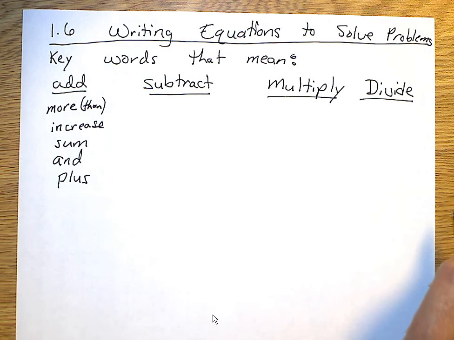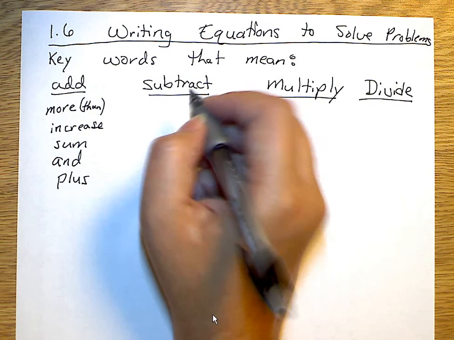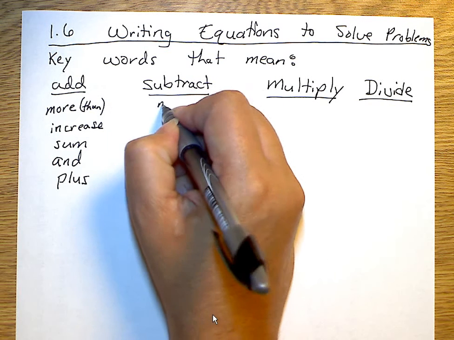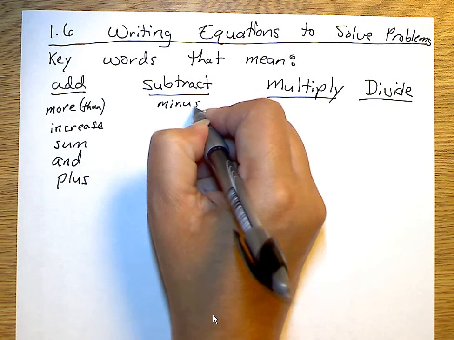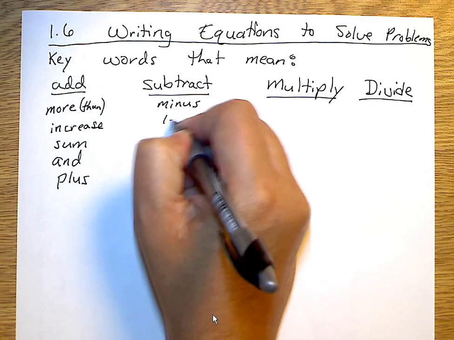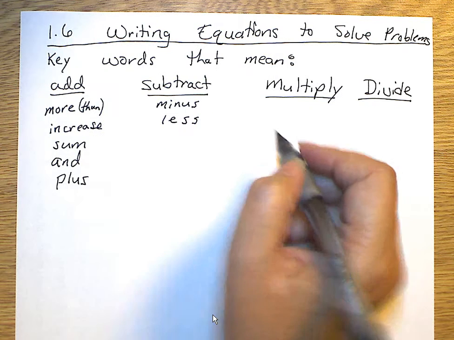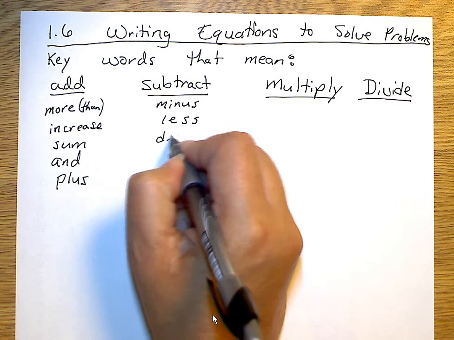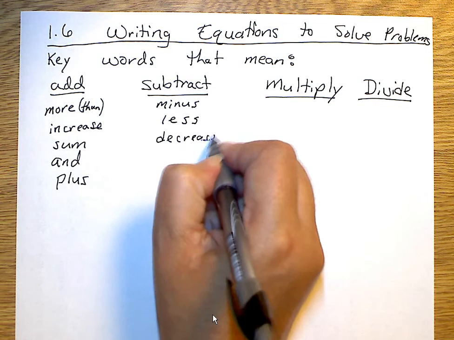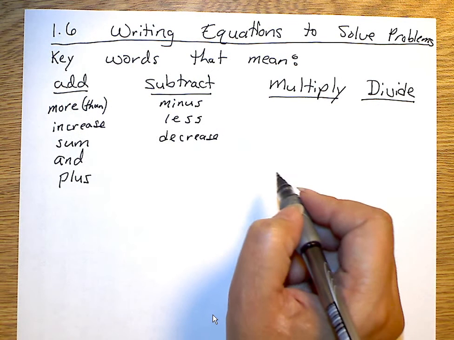Words that mean subtract. What words did we get for subtract? Minus. Less. Decrease. Very good. The subtraction sign.